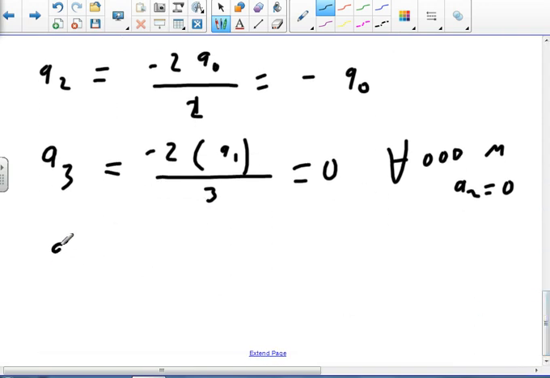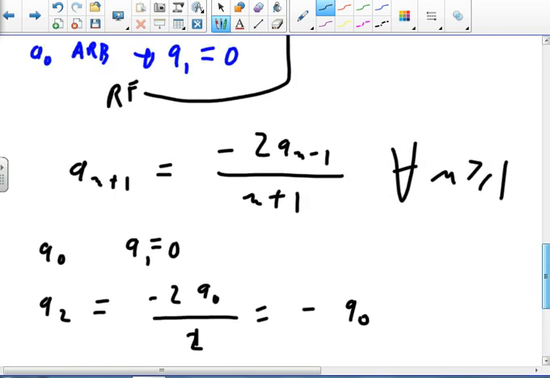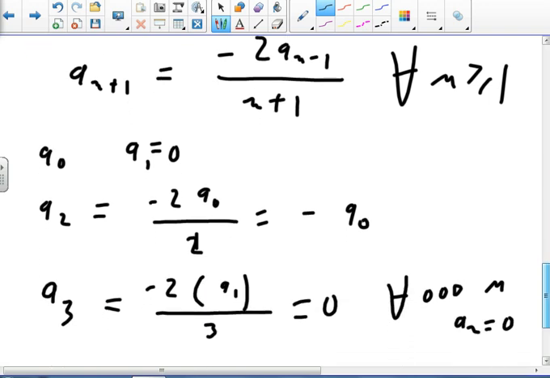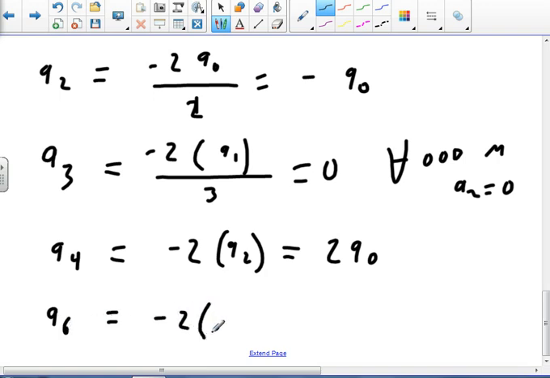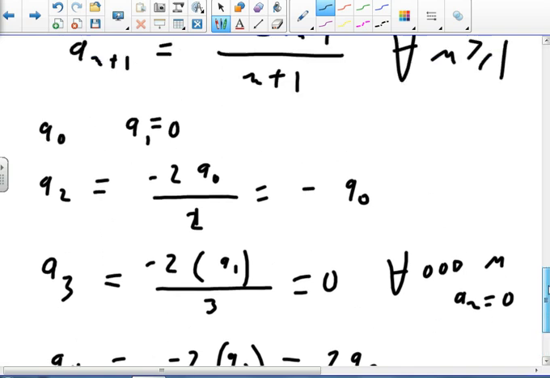So now I look at a4: minus 2 times a2, with n equal to 3. a2 is minus a0, so this is going to be 2 a0. Oh, I blew that, didn't I?